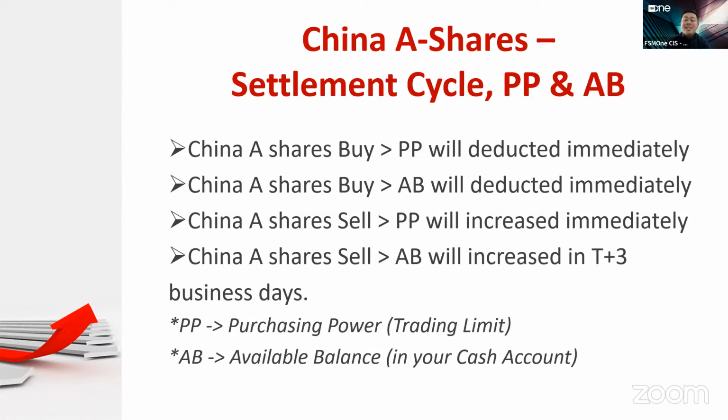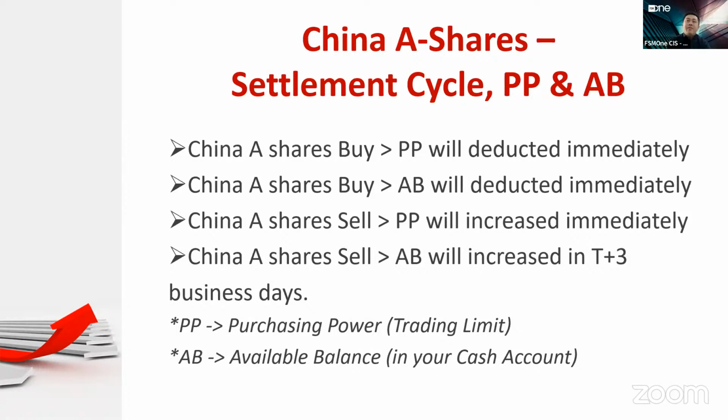But if you cancel the order, then your PP and AB will be available again, meaning they revert back to the original PP and AB. For China A-share, if you sell your position, your PP will increase immediately, meaning the trading limit will increase immediately, which means you are able to use the same trading limit to buy another stock in the China A-share market.